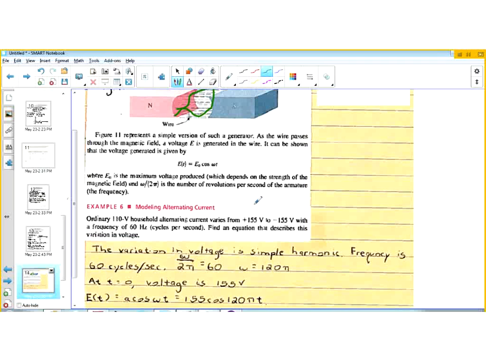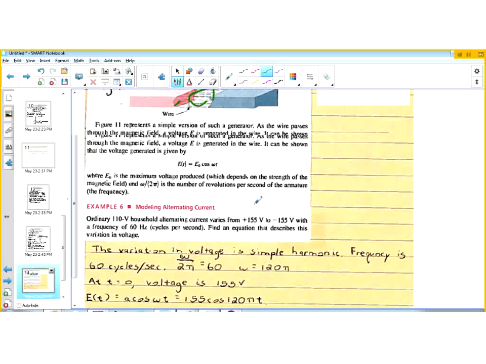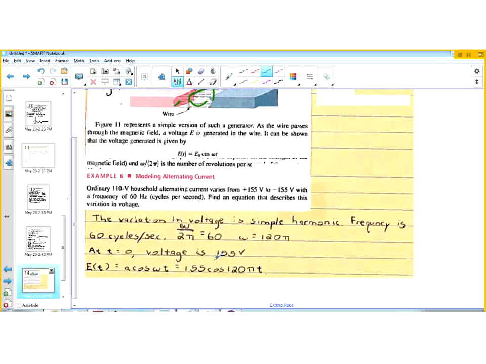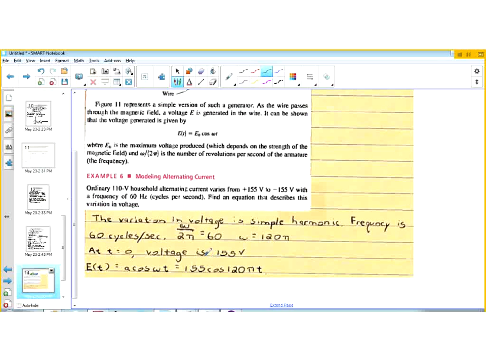Okay, and here I have it worked out. So the variation in voltage is simple harmonic, frequency 60, so that means that omega over 2 pi is equal to 60, so omega is equal to 120 pi. And at t equals 0, the voltage is 155. So using the equation, we have to use the cosinusoidal function because we have a non-zero output at t equals 0.